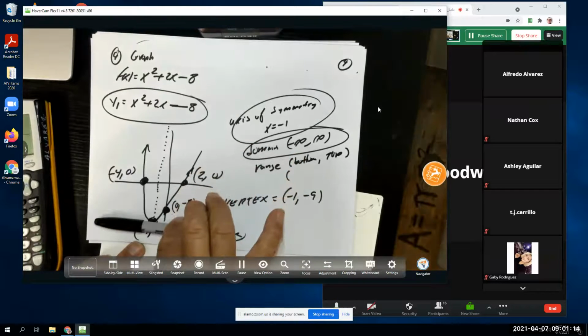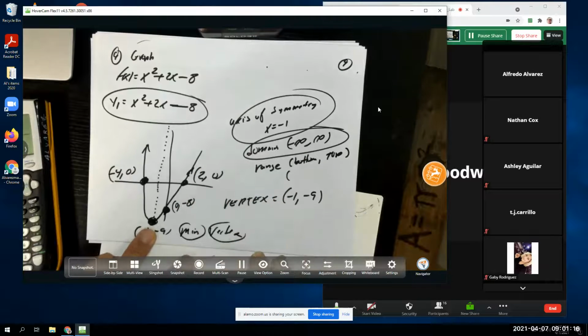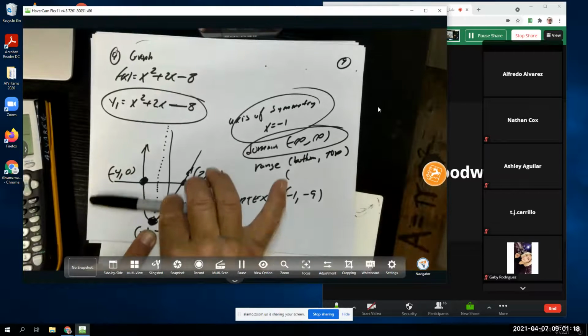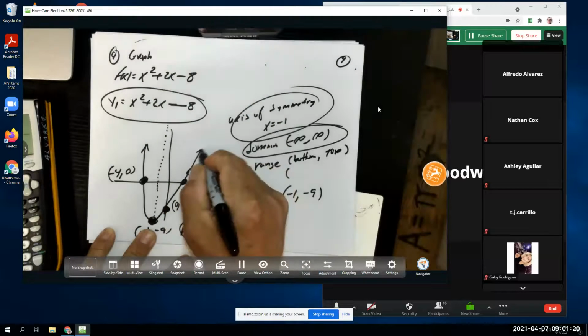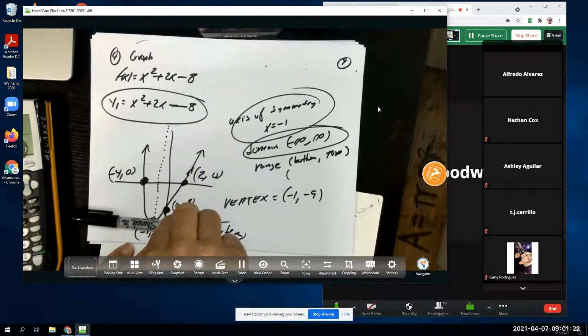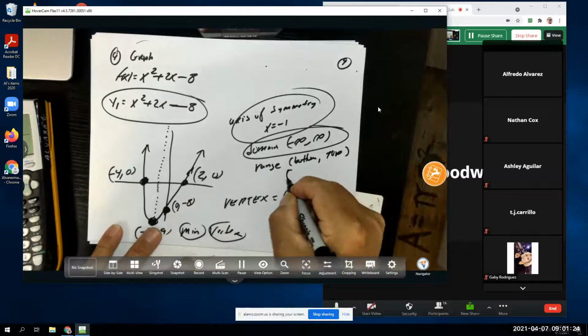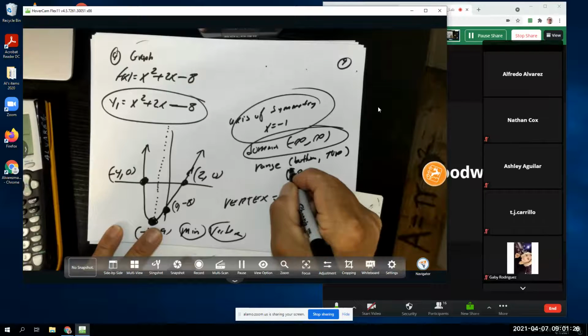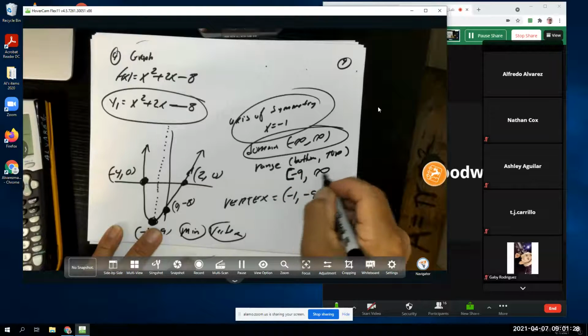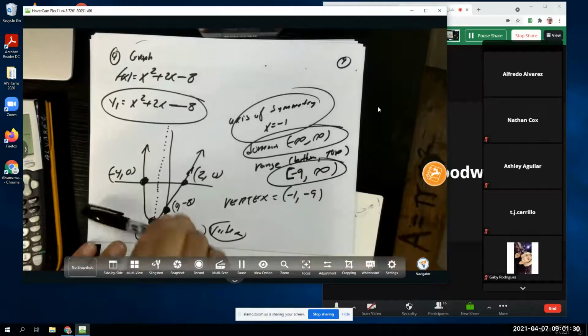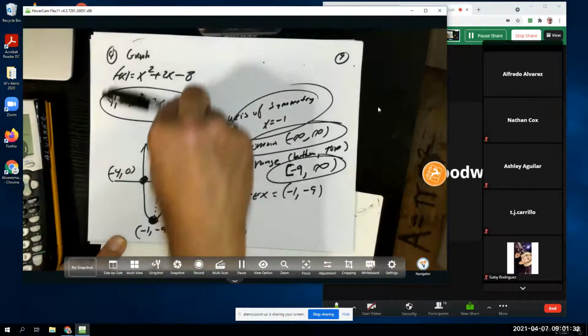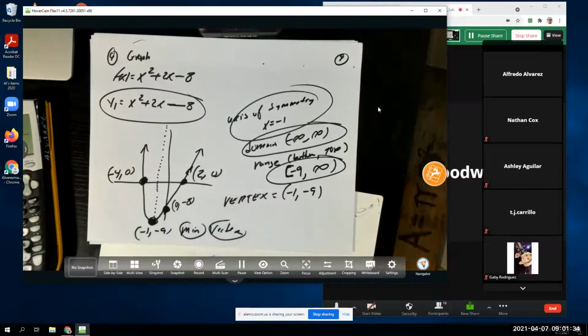All the way to what? -9? It goes to -9, and then from there it goes up. So the lowest part of the graph is what? -9. So it goes from -9, I'm going to block it in like this, and then infinity like that. So the range is from here up this way, like that. That's what that is.